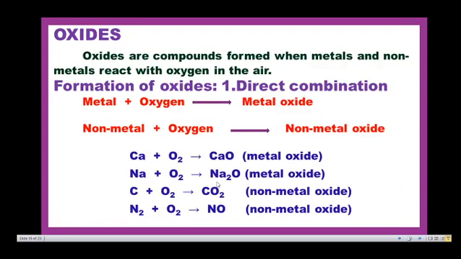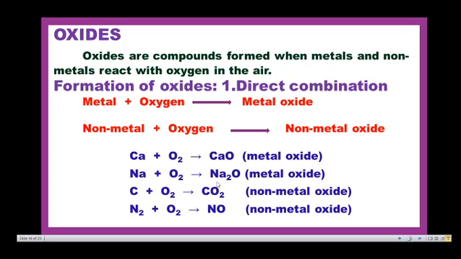Oxides. What is an oxide? Oxide is a chemical compound. How is an oxide formed? When metals or non-metals combine with oxygen, they produce oxides. When metals combine with oxygen, they produce metal oxides. When non-metals combine with oxygen, they produce non-metal oxides. Calcium and sodium are metals, they produce metal oxides: calcium oxide, sodium oxide.